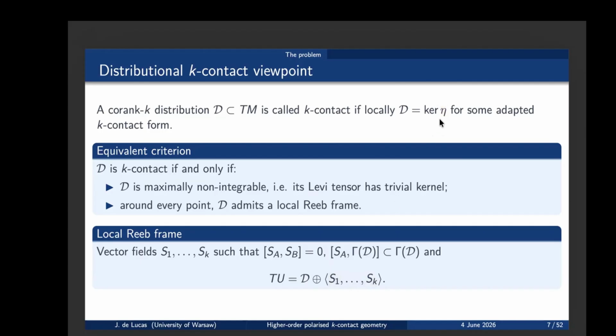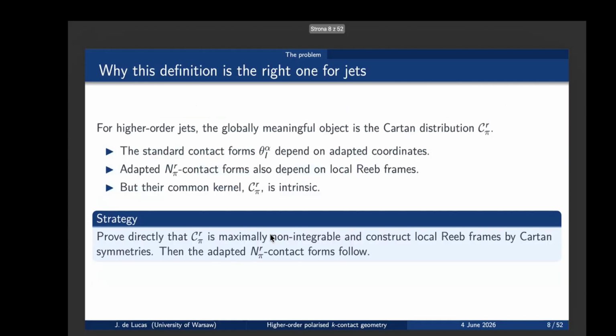But they are dual. When you have this eta, the k-contact structure, you can associate the Reeb vector fields of the k-contact structure, and you get the Reeb frame. Or the other way around, if you have the Reeb frame, you look for a differential one-form, taking values in R^k, that is dual to this and vanishes on the k-contact distribution, and you get the eta. This is what we prove.